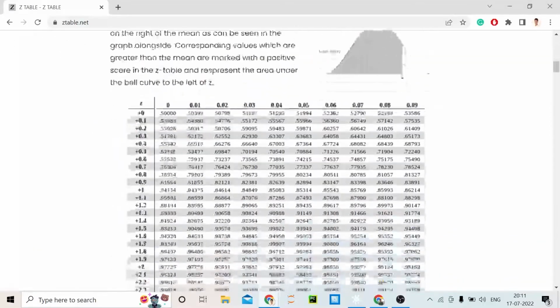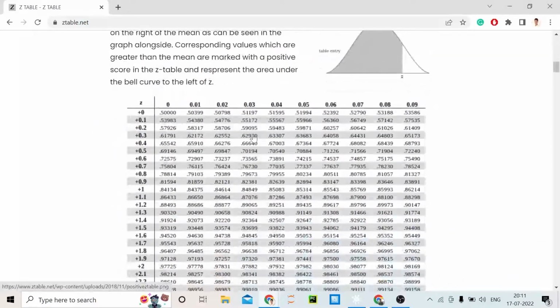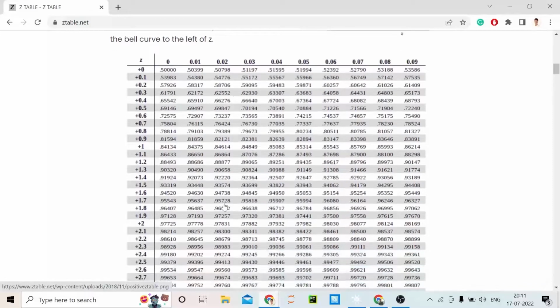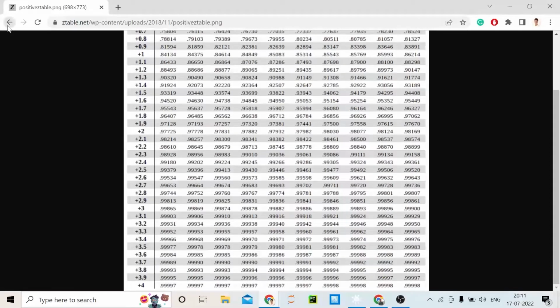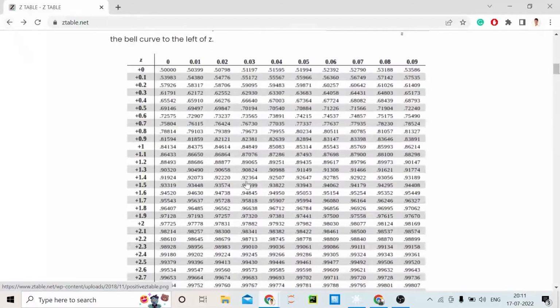This is the negative z table, and this is the positive z table. In this, where do we get the 0.975 value? You can see this value, 1.96: 1.9 from here and 0.06 from the upper side. This value is 0.975.